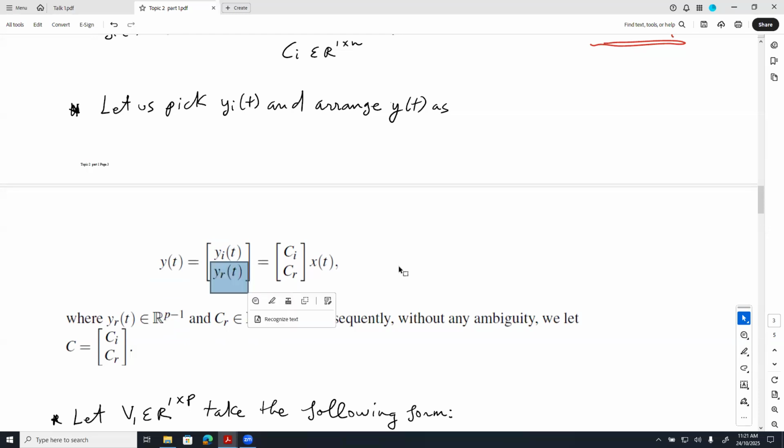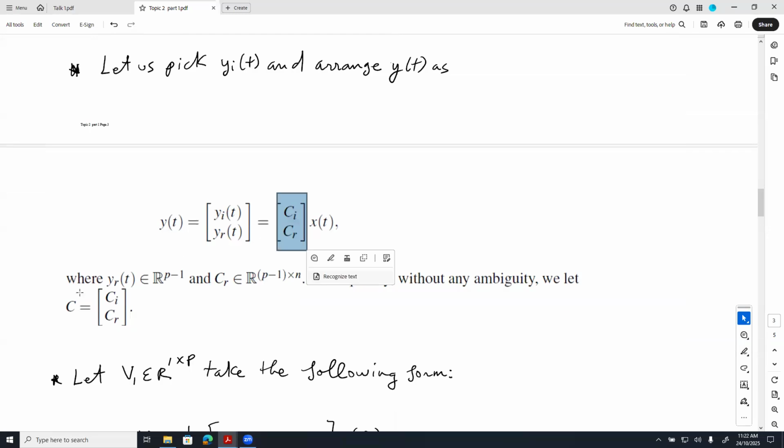So it's just a matter of rearranging the output measurements. We pick the yi output measurement and put it in the first row. For the sake of simplicity, we call this new matrix C. We say that this is the output matrix.